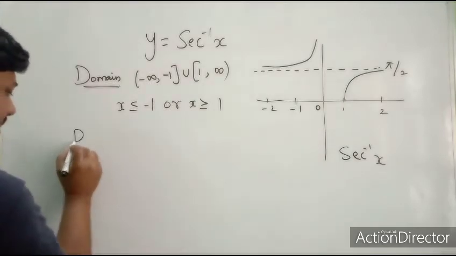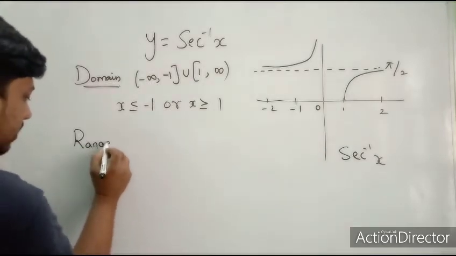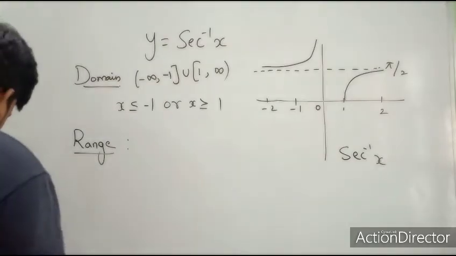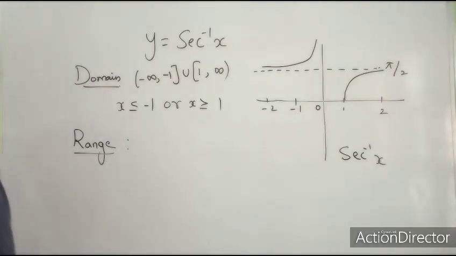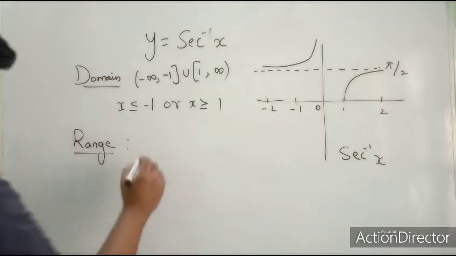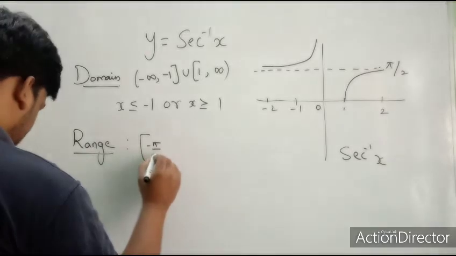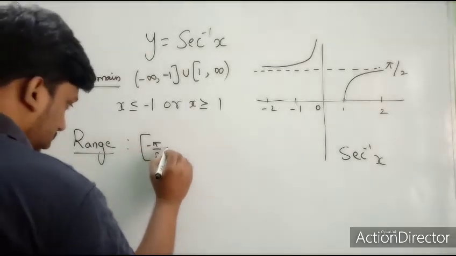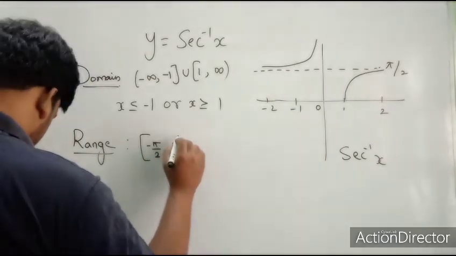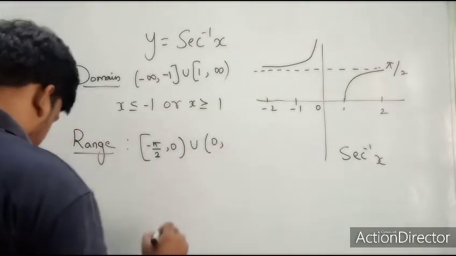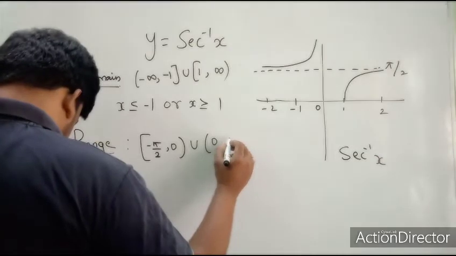And coming to range, what is the range of this function, that is y is equal to secant inverse of x? So that is nothing but you can write it as the closed bracket minus pi by 2 comma 0 closed bracket union 0 comma plus pi by 2.